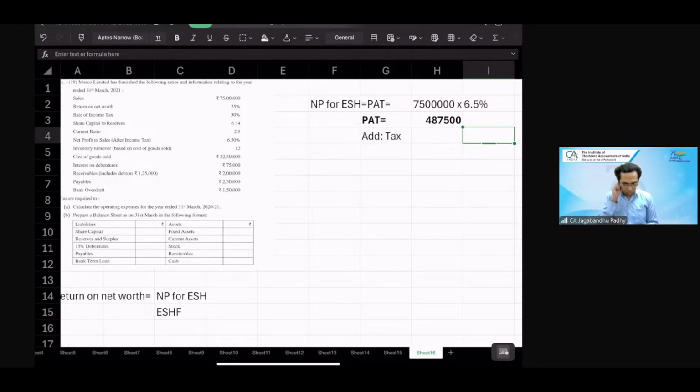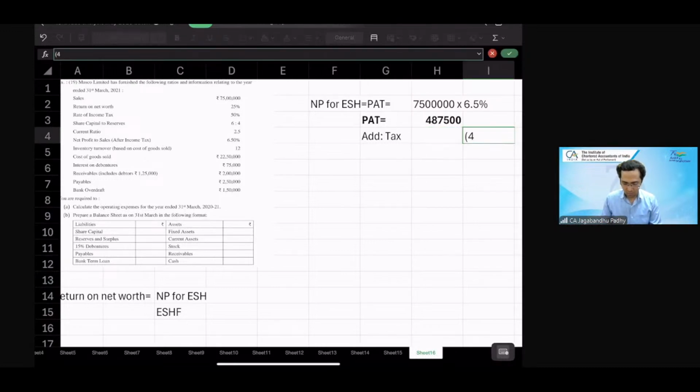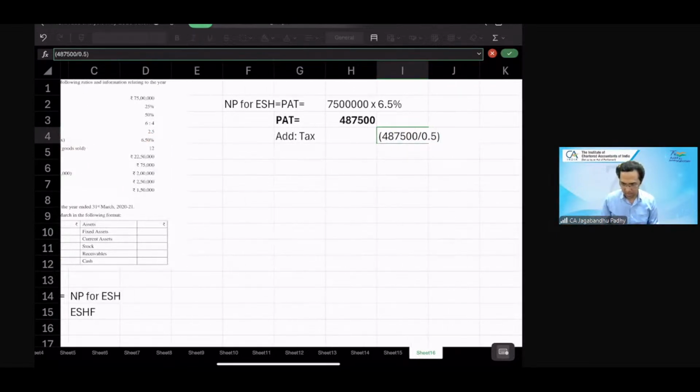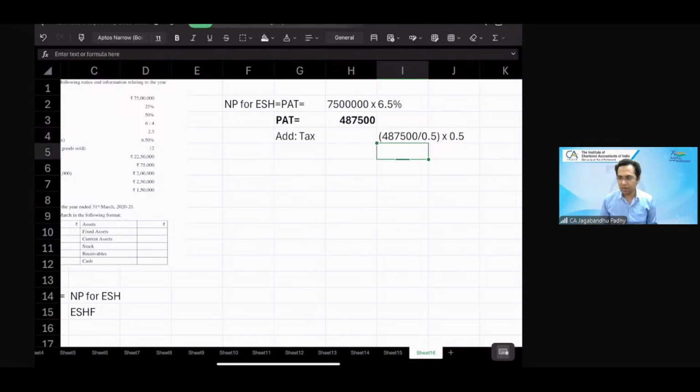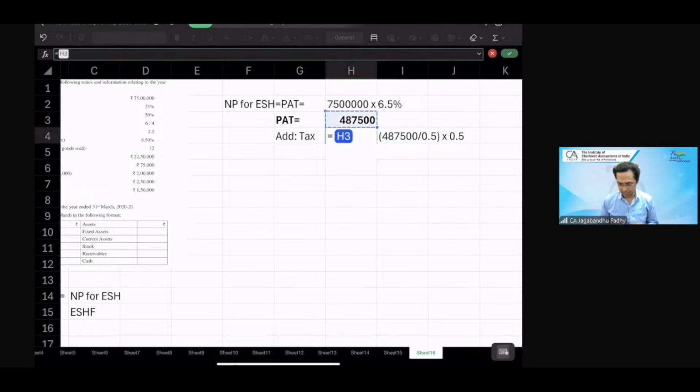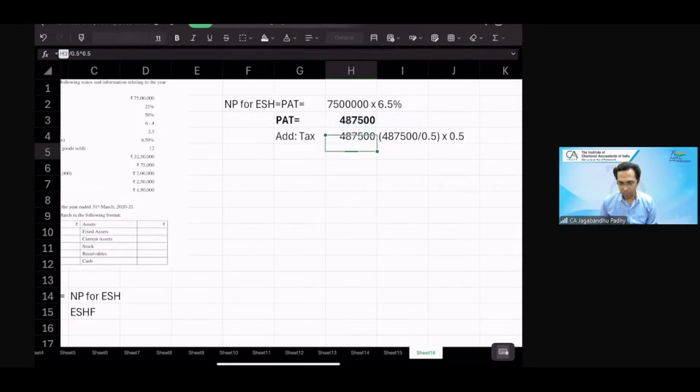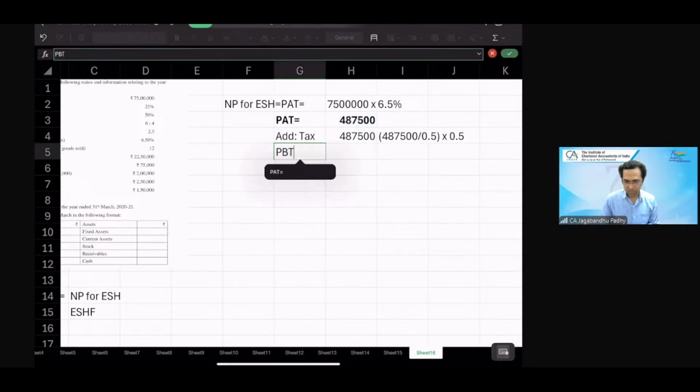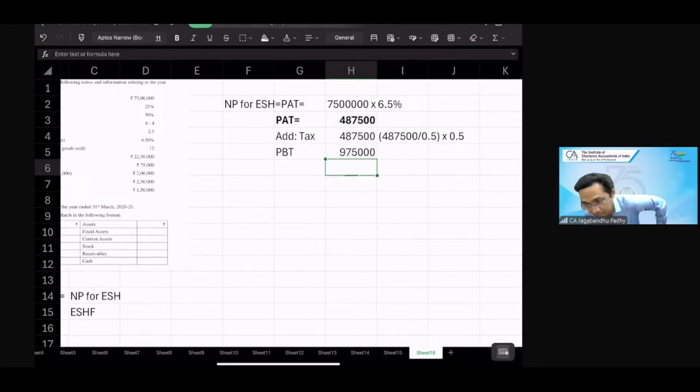Now we know that the profit after tax of 4,87,500 is, since the rate of income tax is 50%, 50% of the profit before tax. Right, and of course we need to further multiply it by 0.5. So this 4,87,500 is 50%, you multiply it again by 0.5, you get the same thing, and then the profit before tax will be just the addition of both. So can I say our profit before tax is 9,75,000. From that, you pay taxes, and then the final PAT figure is this.